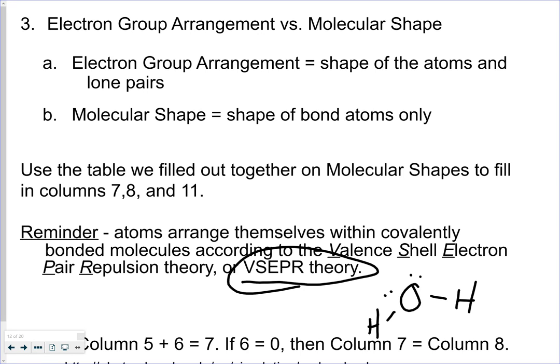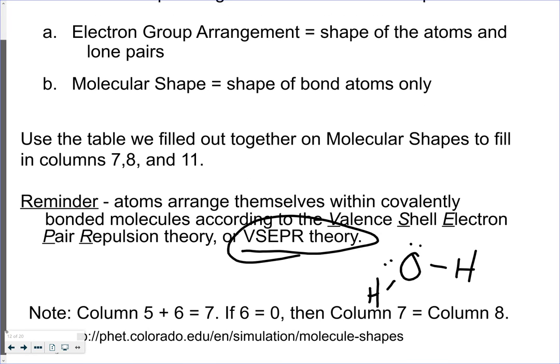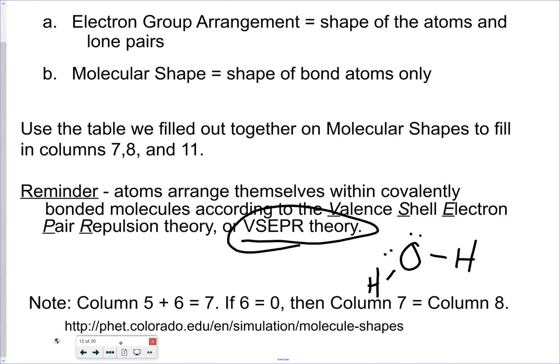Those lone pairs are negatively charged particles. Negative charges don't like to come together; they like to repel each other. So all it's saying is that those forces are going to repel each other, and they're going to force those bonds closer and closer together. So what I'm going to do right now is take you to a PhET.